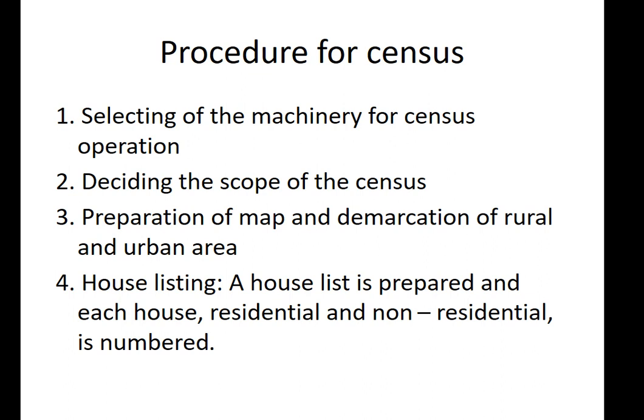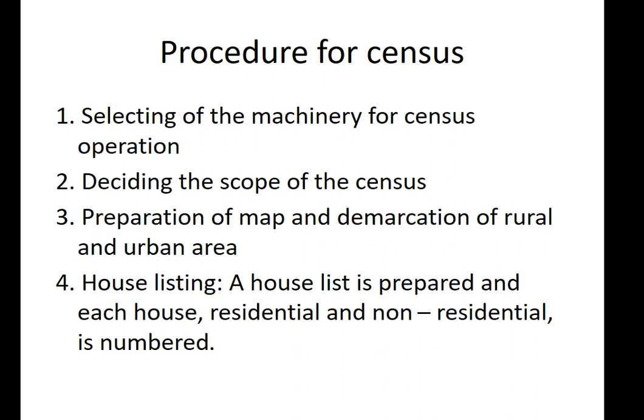There's an administrative part where humans are involved, and a non-human part like the tools used for the census, like the data collection tool and analysis tool. For the human part, we have to decide who are going to collect, to whom they are going to report, who are going to tabulate it, and to whom they are going to report the tabulated data. All these have to be selected. So the first step is selecting the machinery.